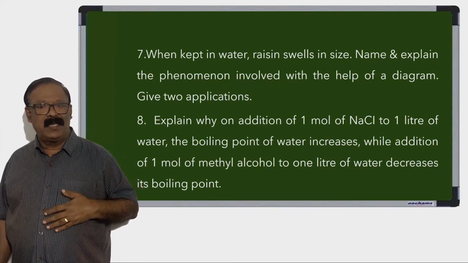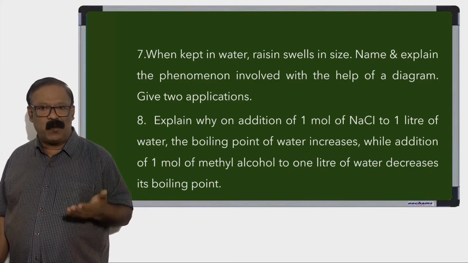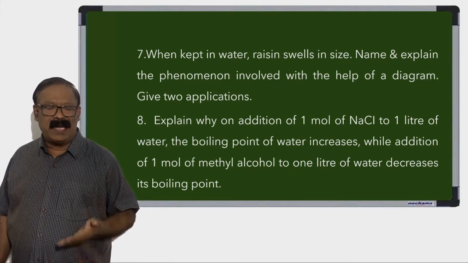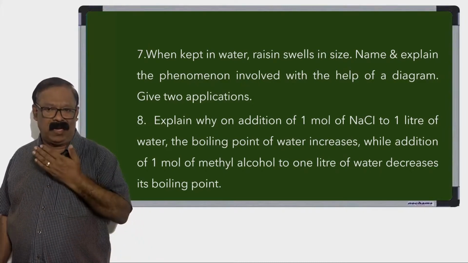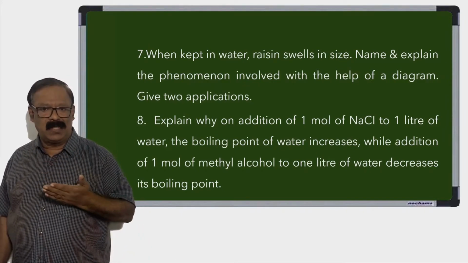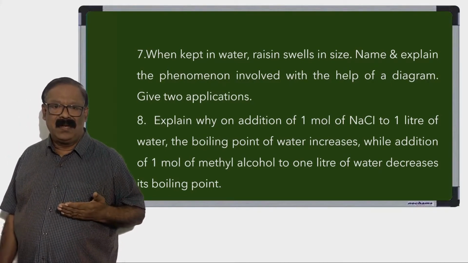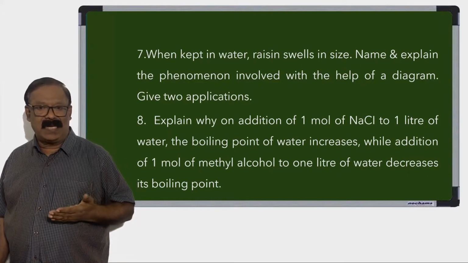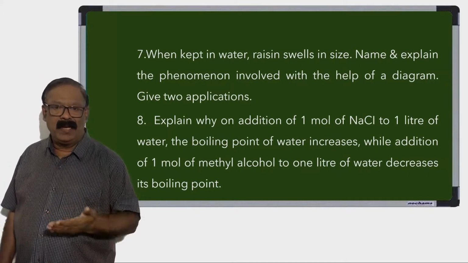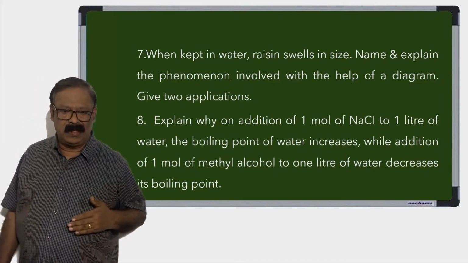Because of this process only, plants are able to get water and other things from the soil. Then osmosis is the process behind the desalination of water. Then fruits, vegetables, etc. are preserved by putting them in salt water or in sugar solutions.